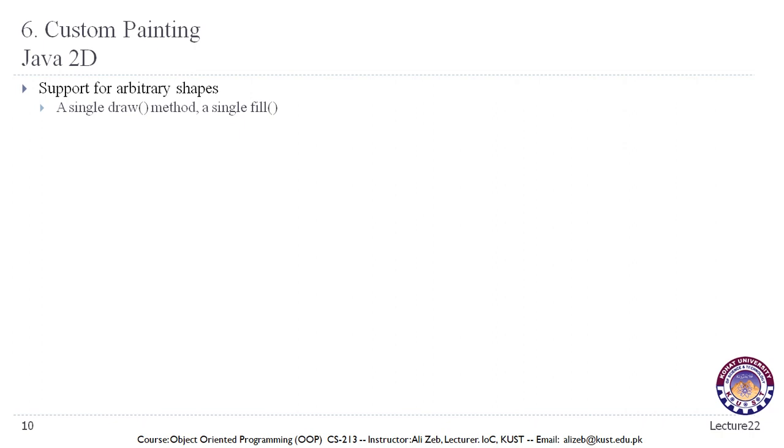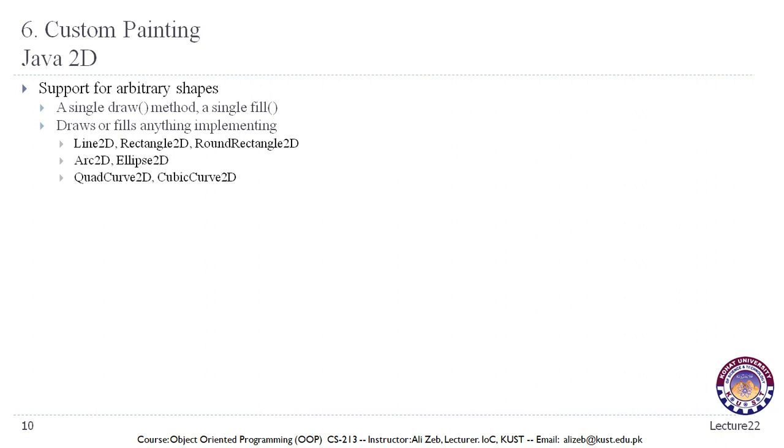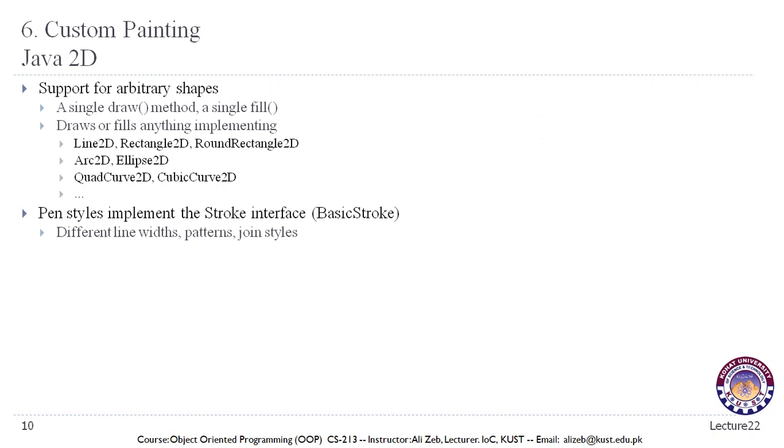There is support for arbitrary shapes. For example, a single draw method or a single fill method can draw or fill anything implementing Line2D, Rectangle2D, RoundRectangle2D, Arc2D, or Ellipse2D. All of these different shapes can be drawn with the help of the draw method. We also have different Stroke interfaces, for example BasicStroke, which has pen styles, different lines with patterns, and join styles.